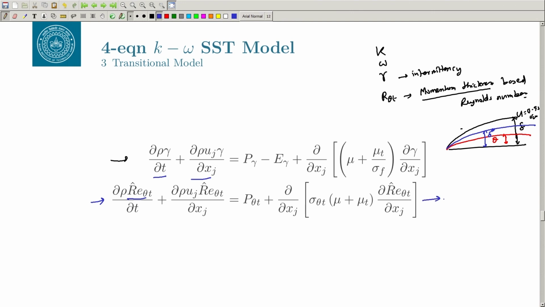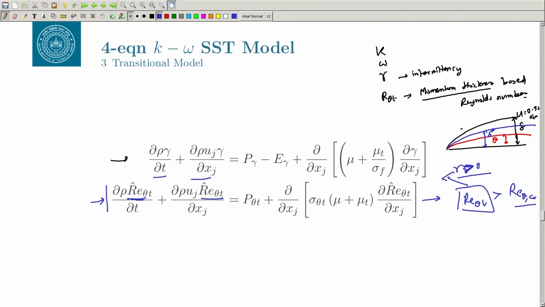So, you will be solving these equations, comparing with experimental data or computational data like that from DNS, and making sure that if my Re theta t found from this equation is Re theta critical, then you turn on this gamma equal to 1 here, gamma greater than 0 here. Then you keep on calculating this Re theta t and keep on comparing with the experimental data till you see that this value is in the region of transitional flow or turbulent flow. So, this is used as an indicator.